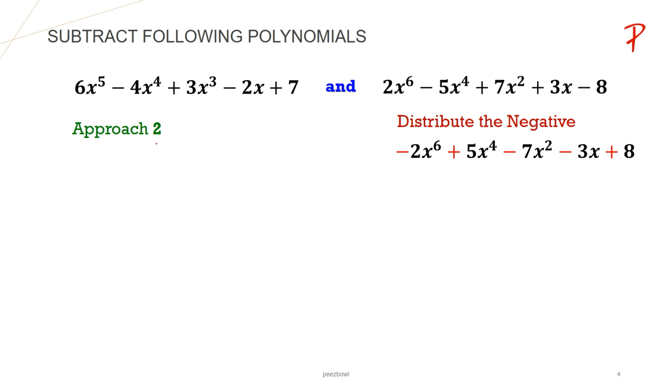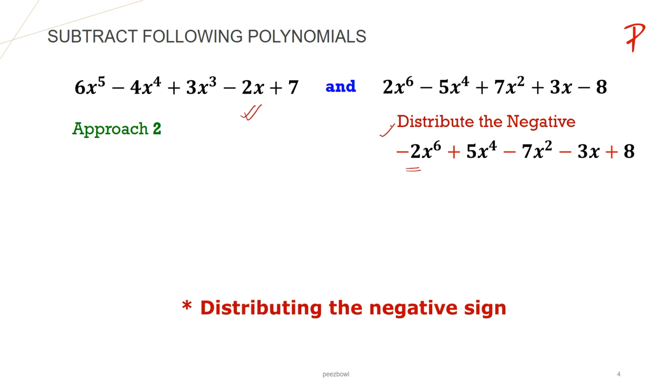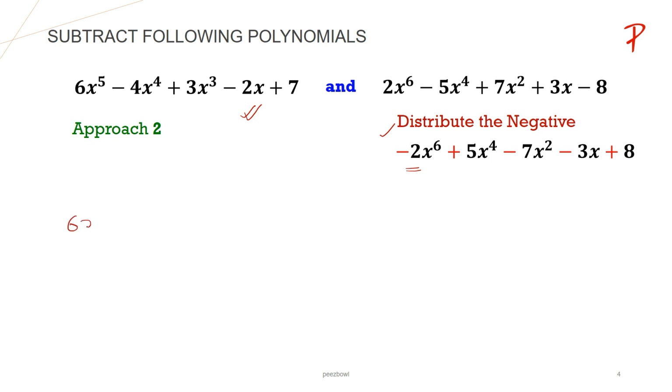Okay, let us take second approach. In this approach, we have to arrange the terms in descending order of degree, right? So first we take the first polynomial, and after that we have to write the second polynomial after distributing the negative. So let us write it down. First polynomial we have 6x to the power 5 minus 4x to the power 4 plus 3x to the power 3 minus 2x plus 7.